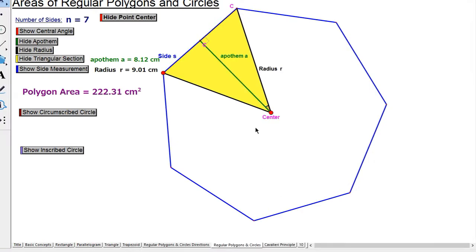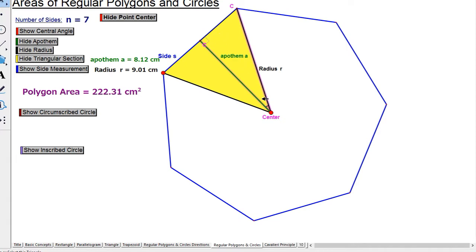If you look at this triangle that's half as big, from the center to the vertex to the midpoint of one side, that is a right triangle, and theta is this angle right here, this central angle in the middle. And remember we said it's pi over n radians, or in degrees 180 degrees over n.